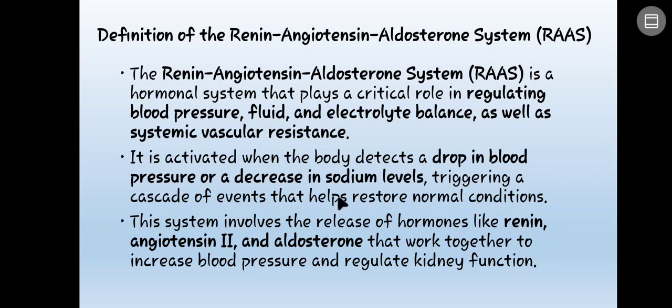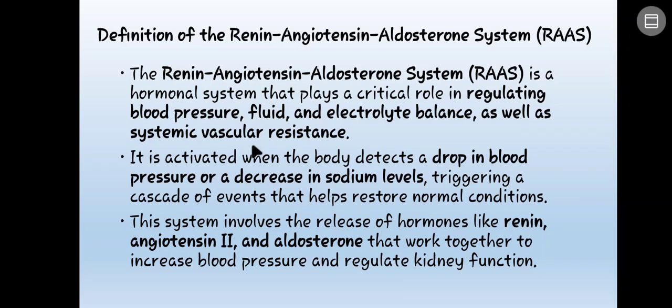So that should tell you, in exams or in application, what you should keep in mind is that when someone is having hyponatremia, or when there is a decreased blood pressure, it can activate this renin-angiotensin-aldosterone system.